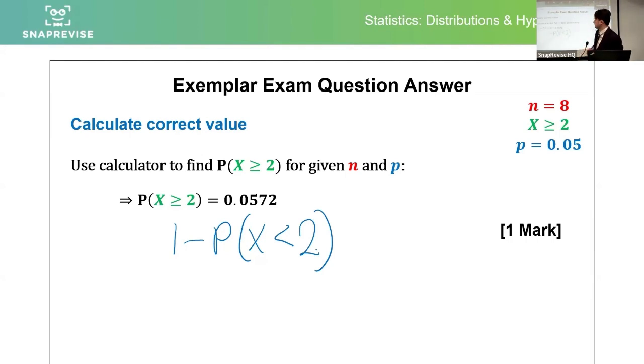Right, so just to be clear, for the normal distribution, we can be a little bit sloppy with the notation. The strictness of the inequality is actually imperative for this kind of question. The wording of the question, if we look back, implied it had to be greater than or equal to 2. At least 2 gold prizes means 2 or more. So that's greater than or equal to 2.